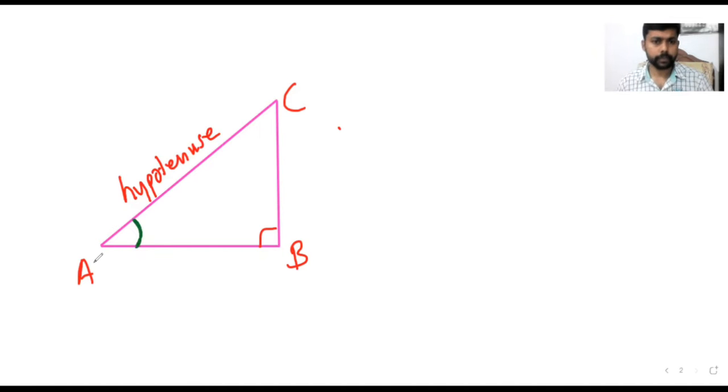Let it be angle A. If I am fixing this angle A and observing with respect to angle A, the side CB is opposite to angle A. So this side is called the opposite side with respect to angle A. And when I observe side AB from this angle, this side is adjacent to angle A. So this side is called the adjacent side with respect to angle A. So AB is adjacent to angle A and CB is opposite to angle A.